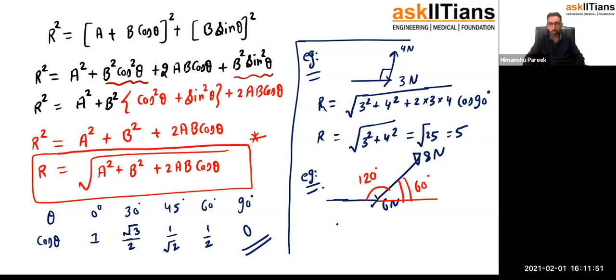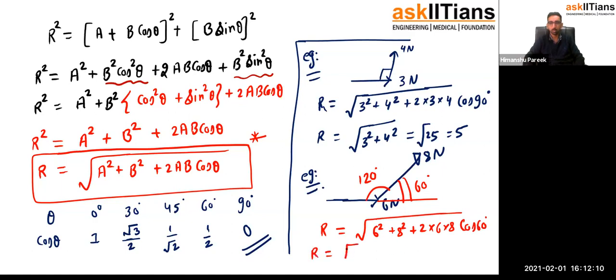So now r is equal to square root of 6 square, a is 6, b is 8 square, plus 2 multiplied by 6 multiplied by 8, cos not 120, cos 60 I am going to use. So now what we will do?